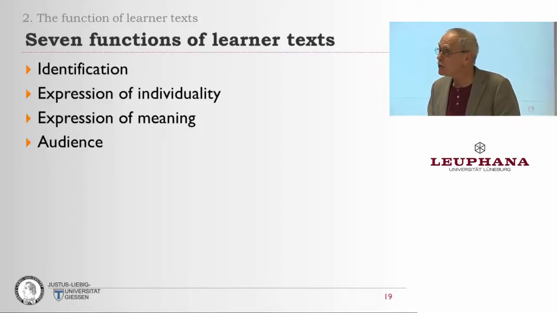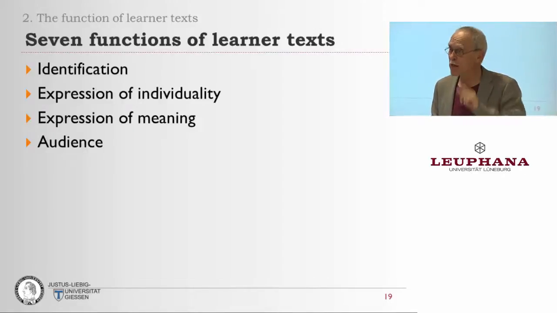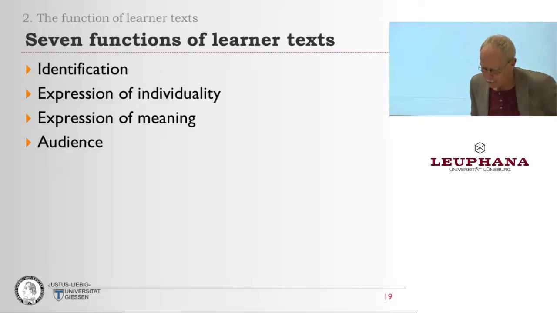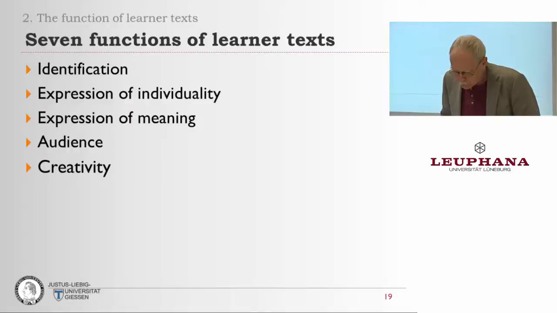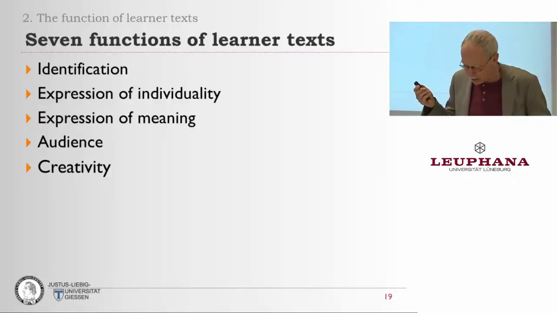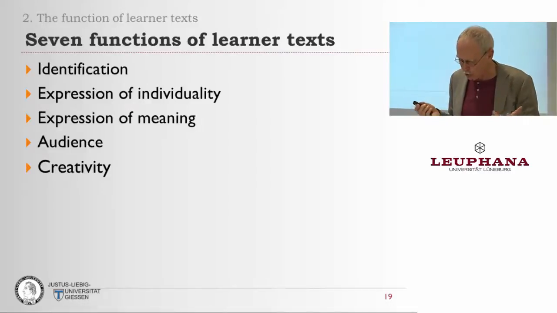Or I can be funny. That's what I can do. They communicate meaning. I've done that. They have an audience. And they derive from learners, they allow learners to be creative with meaning.